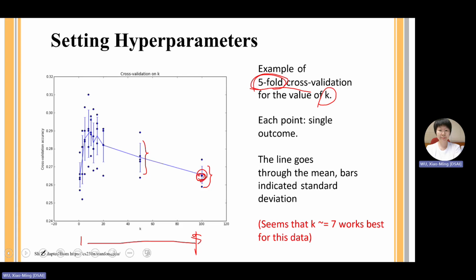So the best performance is achieved when K is approximately equal to 7, around 7 for this data. So that's how we choose hyperparameters.